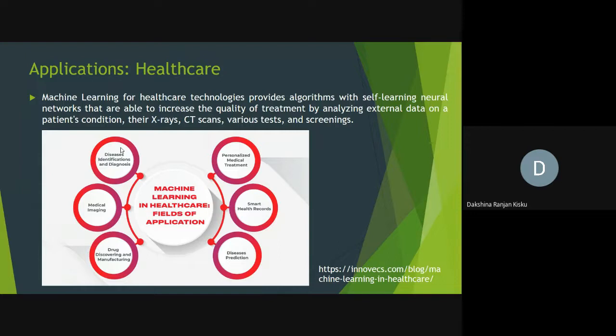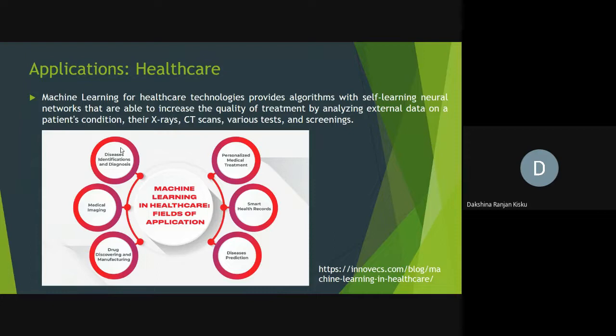Okay, so these are the various sources of data sets on which the self-learning neural network algorithms analyze this data, and based on the data, the quality of treatment can be improved. Okay, so what are the different areas that we can consider for machine learning algorithms?